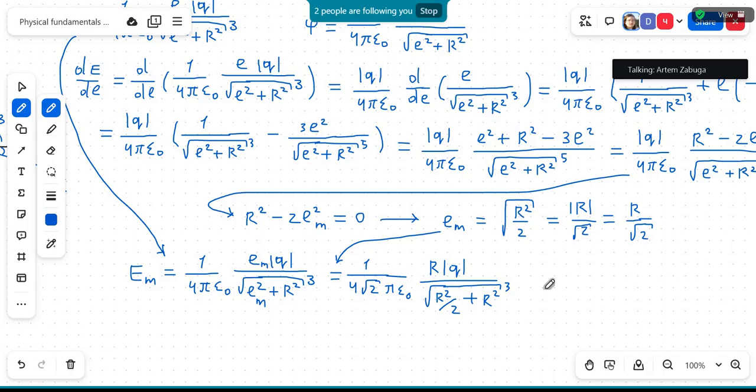Okay, it is necessary to simplify this expression.